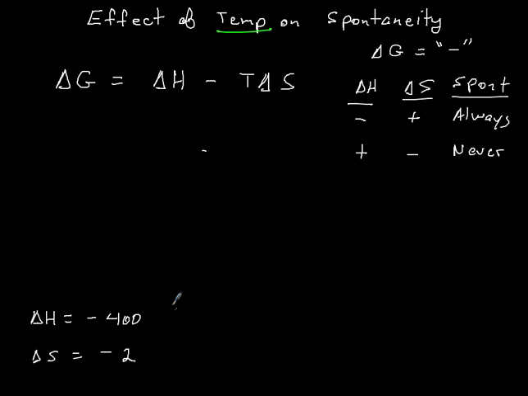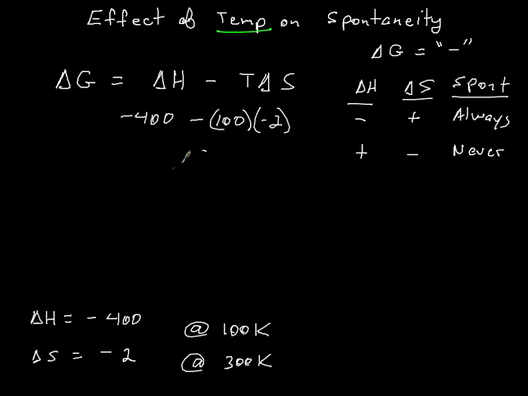Let's evaluate this reaction at 100 Kelvin, and also at 300 Kelvin. So let's plug in: negative 400 minus the temperature of 100 Kelvin times negative 2. And then we'll do negative 400 minus 300 Kelvin times negative 2.